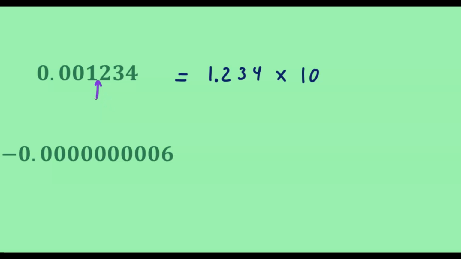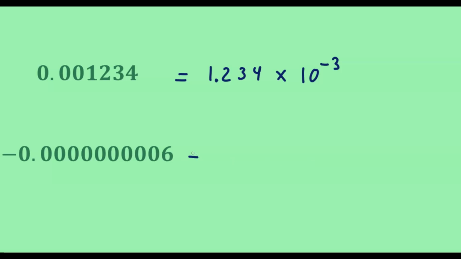Now how many places do we need to jump? Now we need to go 1, 2, 3 places to get to this decimal point. And we can see that we have jumped to the left. So we end up with a negative sign on the 10 to the power, that is 10 to the power of negative 3. Whenever we jump to the left, the power will be a negative number. Now the scientific notation will be 1.234 times 10 to the power of negative 3.